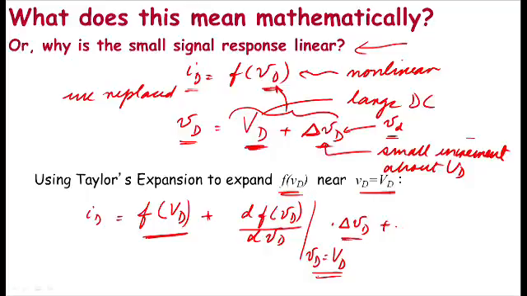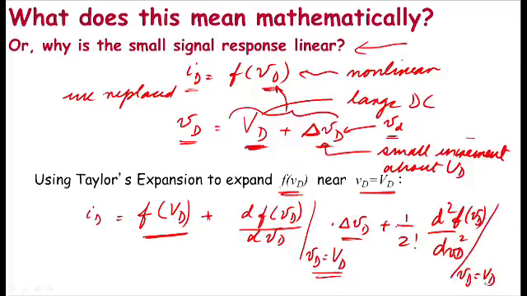Plus I take the second derivative, so it's plus 1 by 2 factorial of the second derivative of the function, evaluated at the same point, Vd equals capital Vd, and that times delta Vd whole squared, plus other terms.